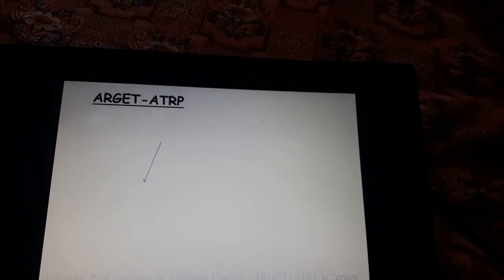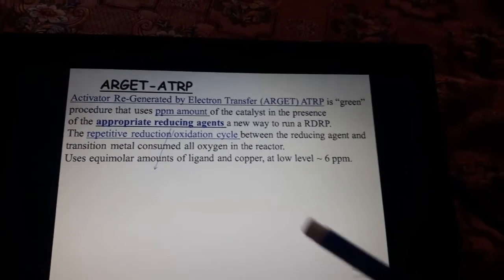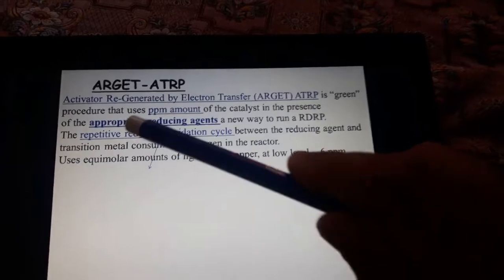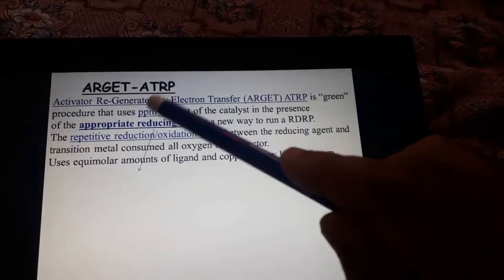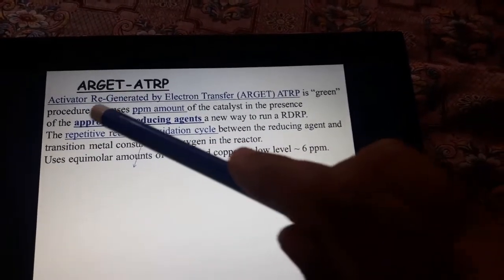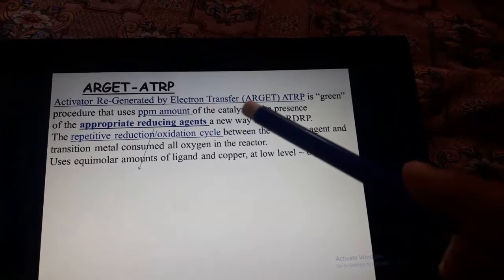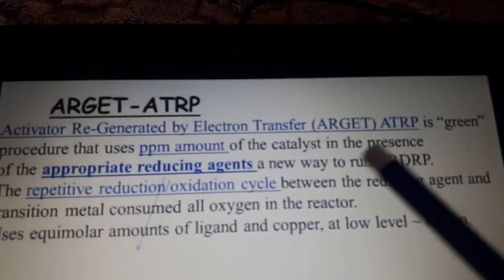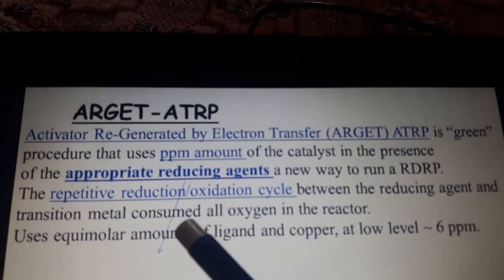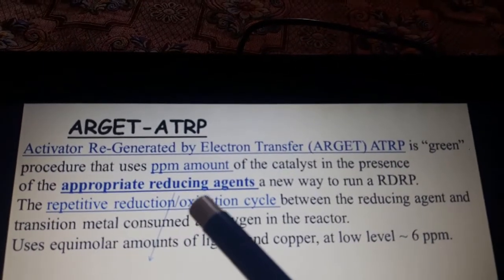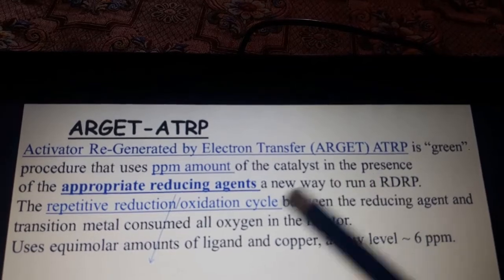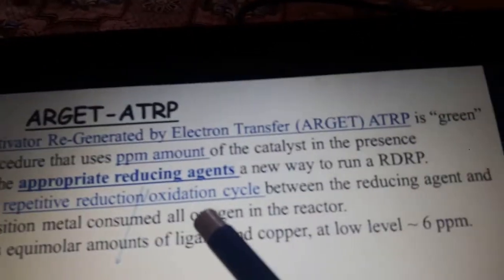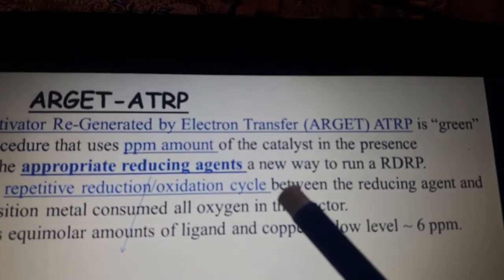We have another important type of ATRP, that is activator regenerated by electron transfer ATRP, which is a green procedure because it uses ppm level of catalyst in the presence of an appropriate reducing agent.